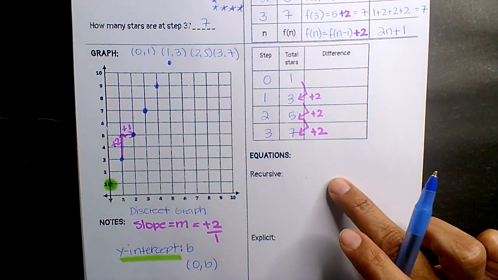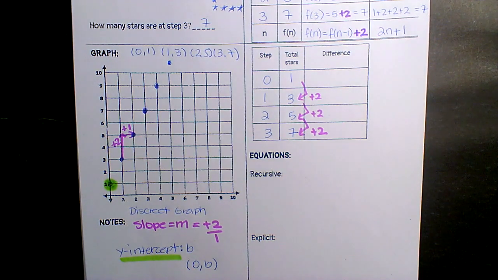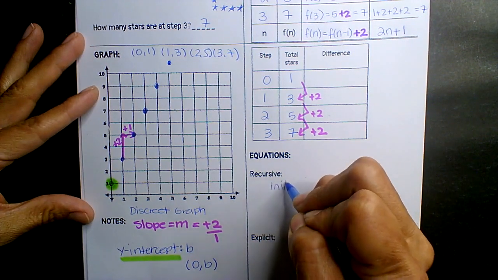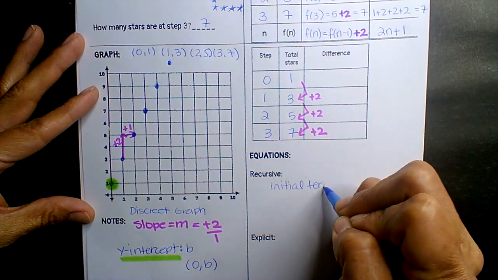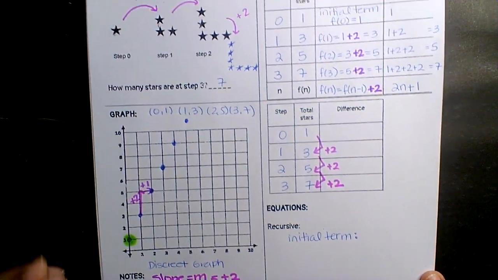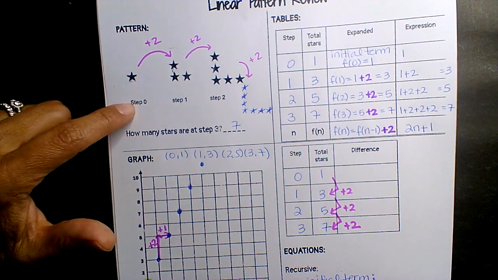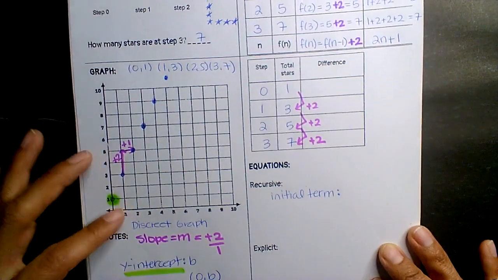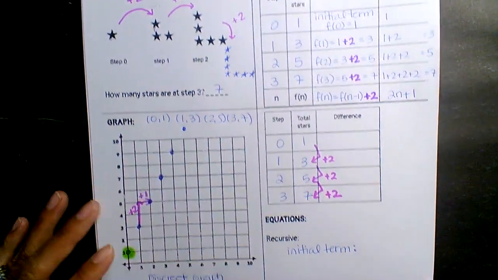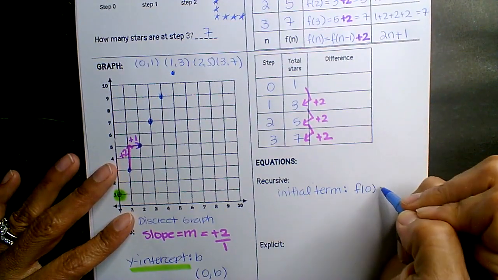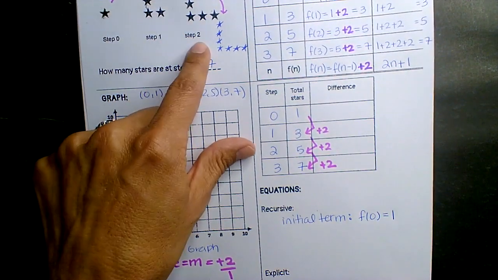Okay, recursively. Students always give me only one. They'll forget the initial term, and you end up getting docked. So when you quiz, give me both, not just one of them. You have to give me the initial term, and this is the one students always leave off. The initial term is the very first piece of information that's given to you. Step 0, 1, which is f of 0 equals 1. You have to give me this, not f of 1, not f of 2.